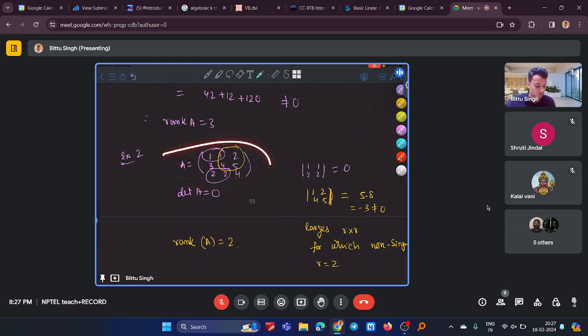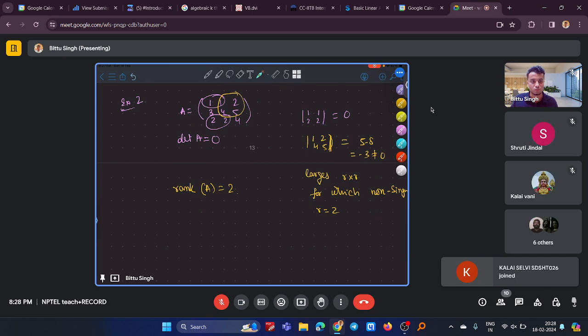First we take the determinant of the whole thing. If it is non-zero, then rank will be 3. If it is 0, we will try to find smaller 2 by 2 submatrices for which determinant is non-zero. Then rank will be 2. If even that fails, then rank will be 1 because there exists a non-zero entry. For this case, we are able to find a 2 by 2 matrix for which determinant is non-zero. That is why rank is 2.